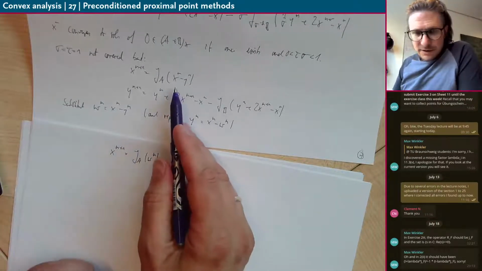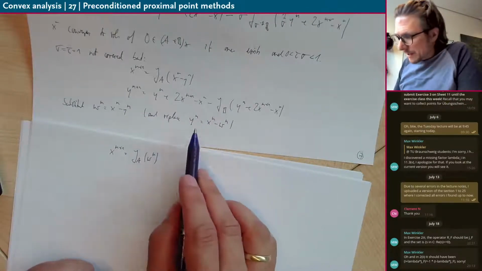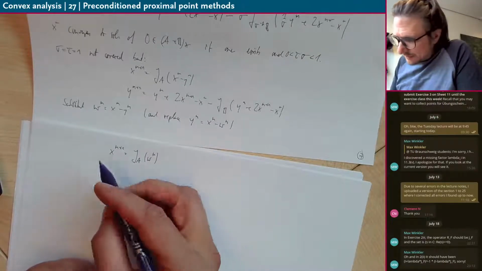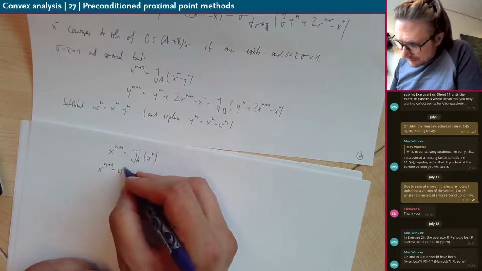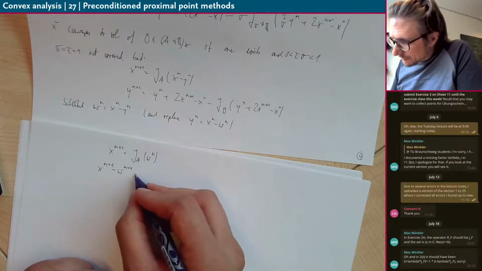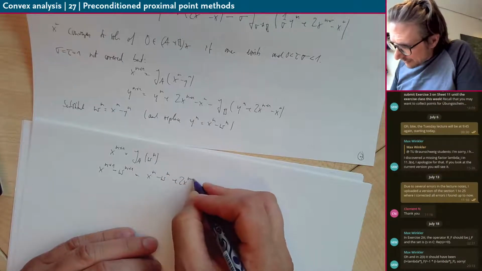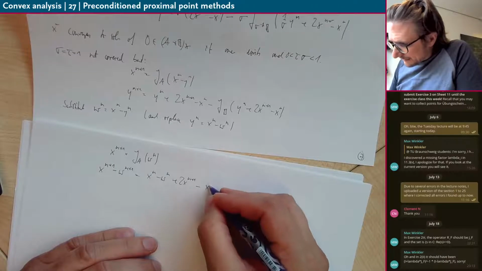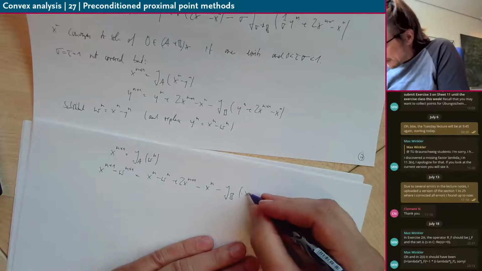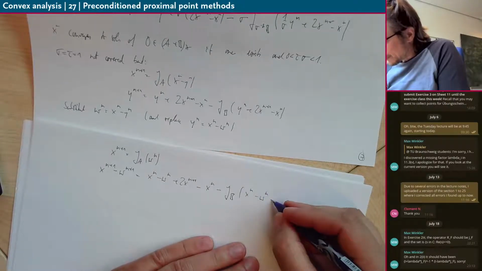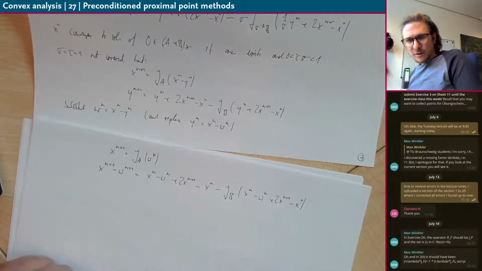This is just here. Now in this equation here, we replace all the y's by x minus w's. So here we get x n plus 1 minus w n plus 1 equal to x n minus w n plus 2x n plus 1 minus x n, minus the resolvent of B of x n minus w n plus 2x n plus 1 minus x n. So just replacing all the y's.